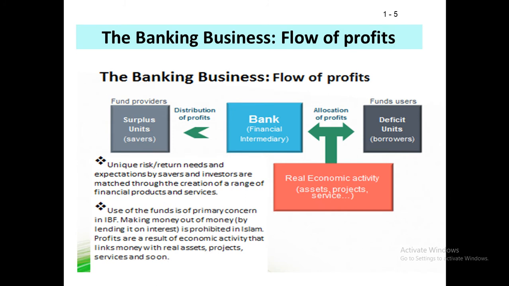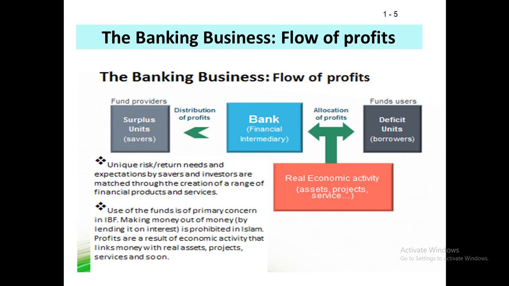Next, how the profit is converted and mobilized, meaning the flow of profit. When Islamic banking works on real economic activities, it means they invest their money in real assets, in different projects or services. Then they provide this profit to the banks, who are middlemen, or to the deficit units.